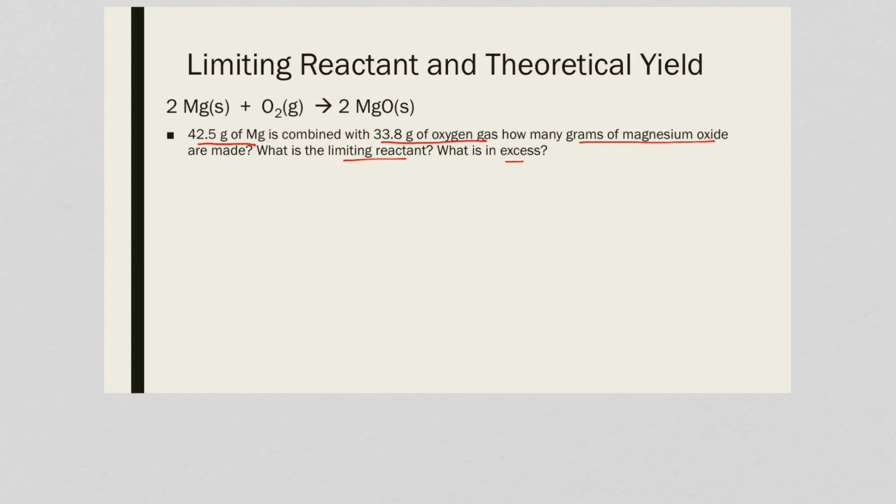So what's my strategy? Well, first, since it's listed first, we're going to go from my 42.5 grams of magnesium, right? And we're going to go to moles of magnesium, and then we're going to convert that into moles of magnesium oxide, and then of course grams of magnesium oxide.